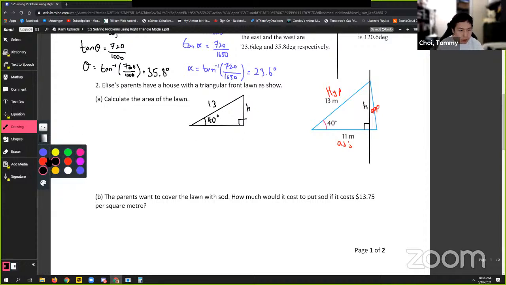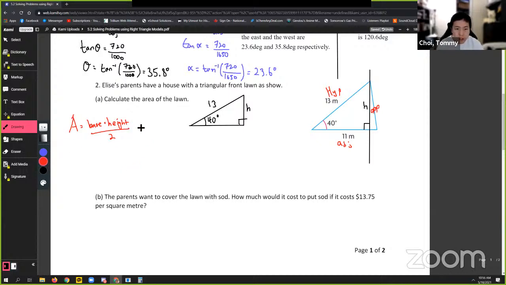I'm going to write it down here. That's going to be the area.